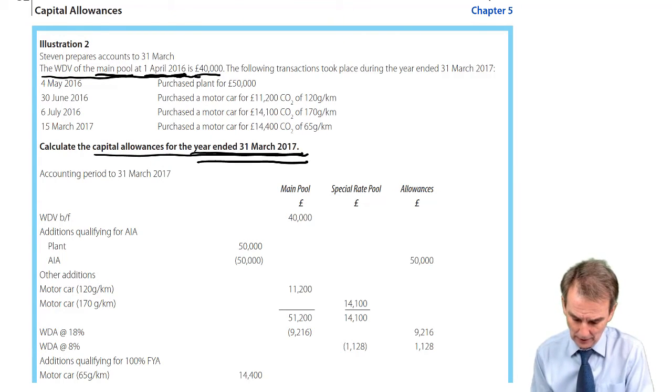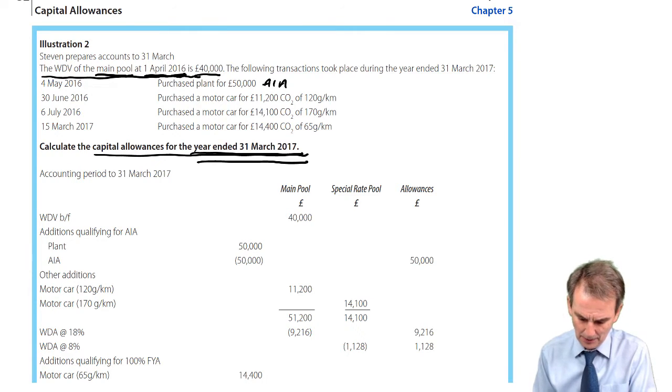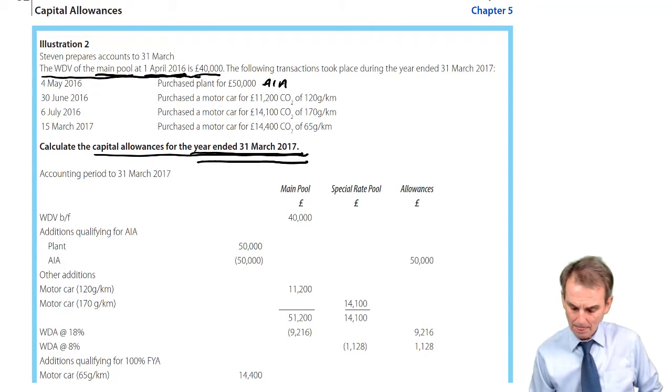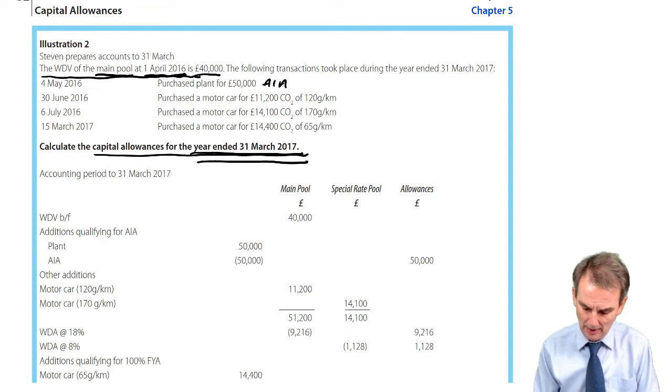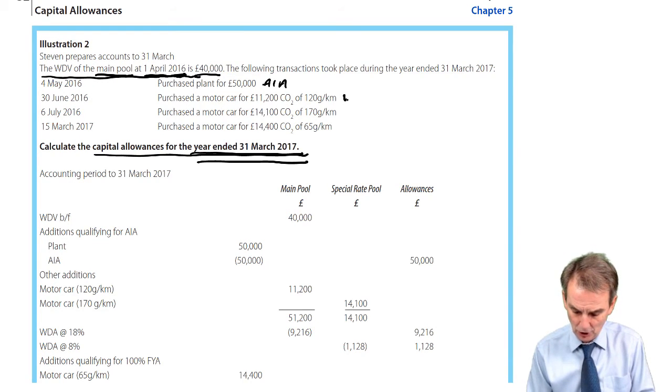What does then happen during this period? On your question page, we would write: purchase plant for £50,000. That therefore is AIA. Purchased a motor car here for £11,200 with CO2 emissions of 120 grams per kilometre. Right, motor car, it's not low emission, so it's only a writing down allowance.